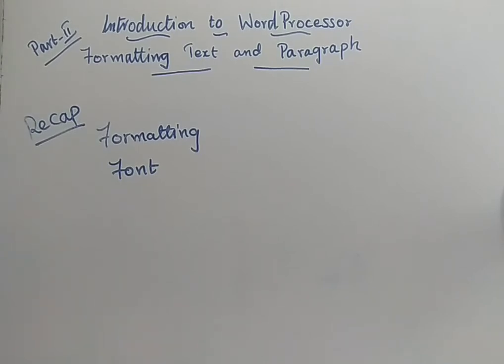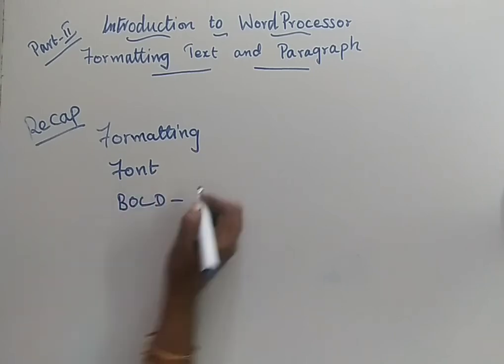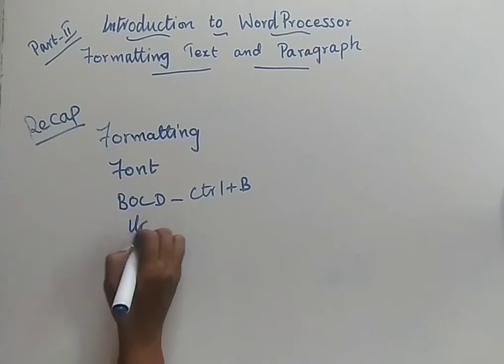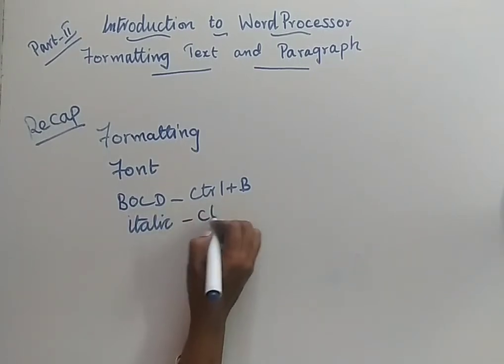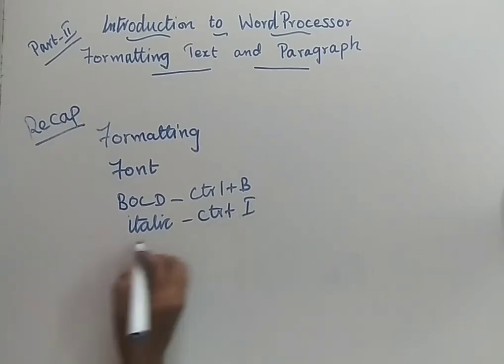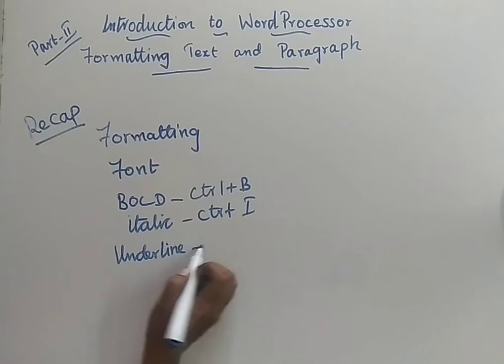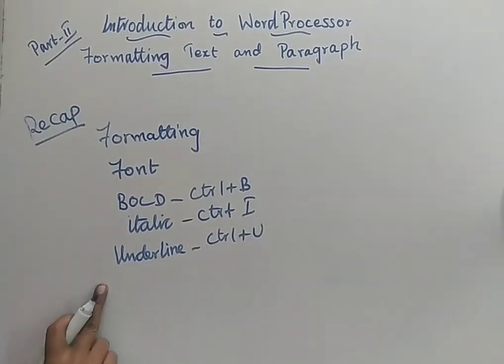Next, the text formatting shortcuts. For bold, you have Control plus B, for italic, Control plus I, and for underline, Control plus U. So all these we have discussed.